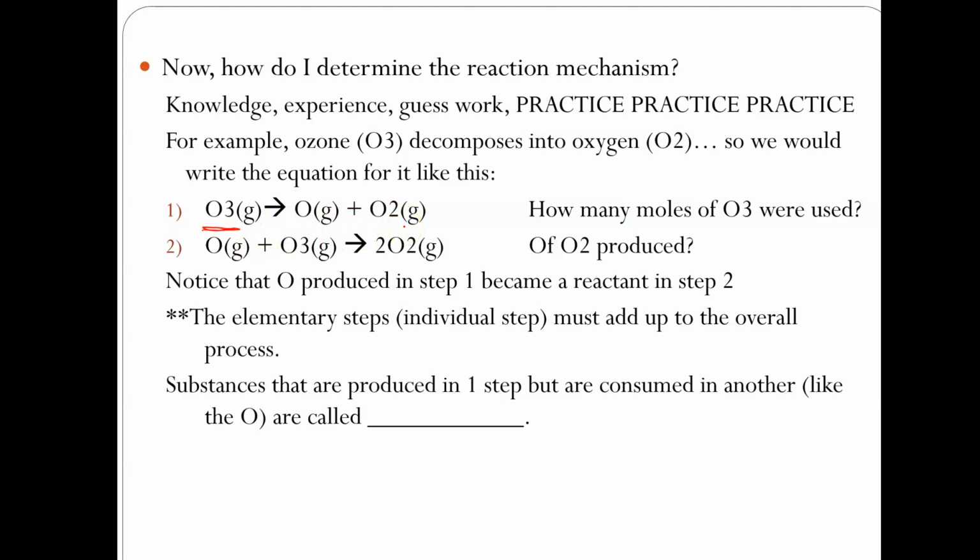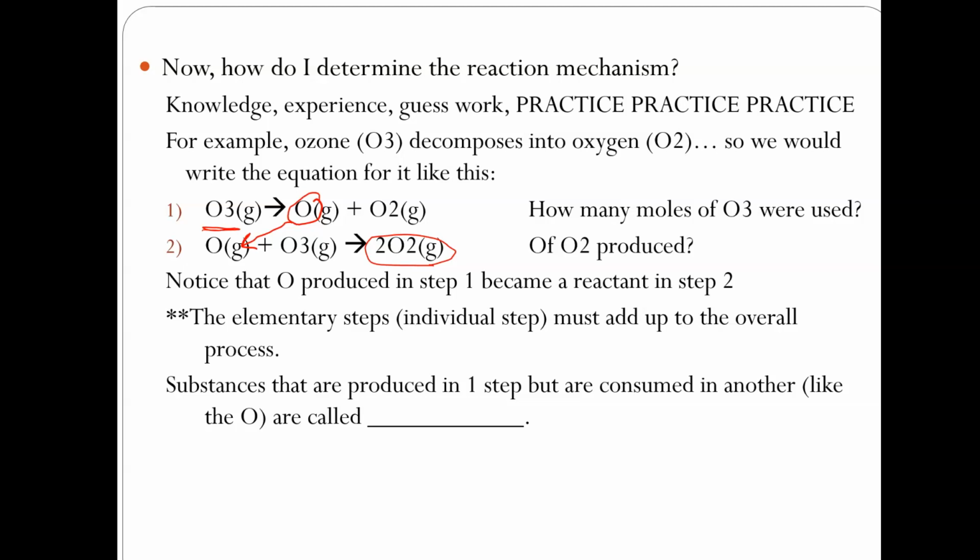However, what you'll notice is this oxygen here becomes a reactant in the second part of that reaction mechanism. So the oxygen that is formed here gets used up in the second part, and it reacts again with the ozone. So in the end, what you end up getting is 2 molecules of O2. So that oxygen in step 1 becomes a reactant in step 2.